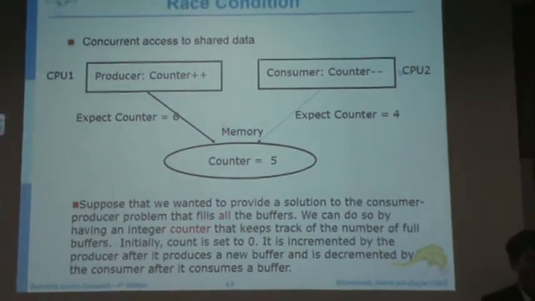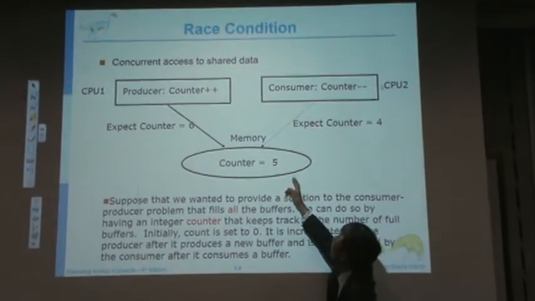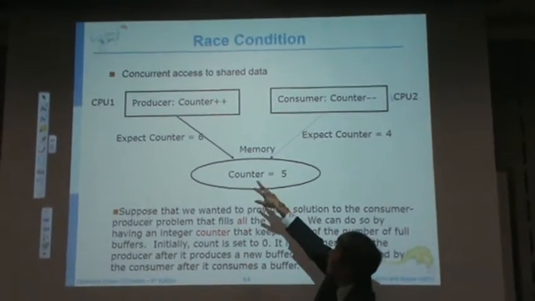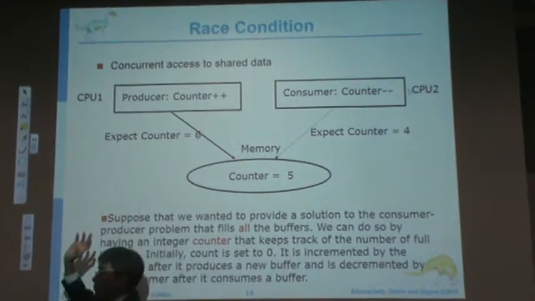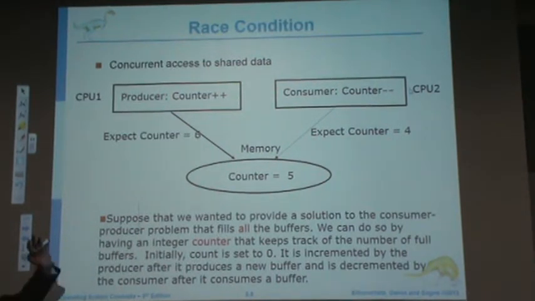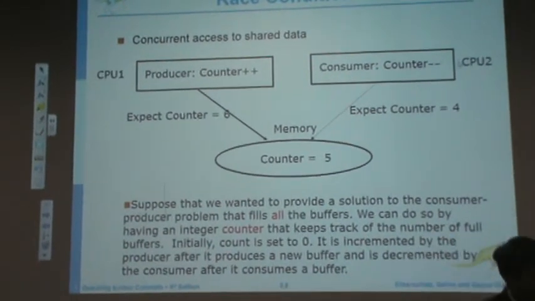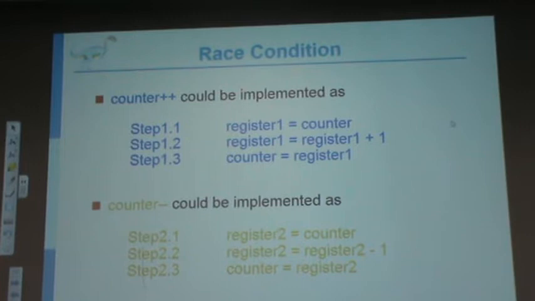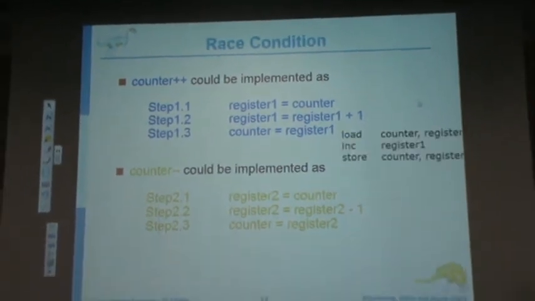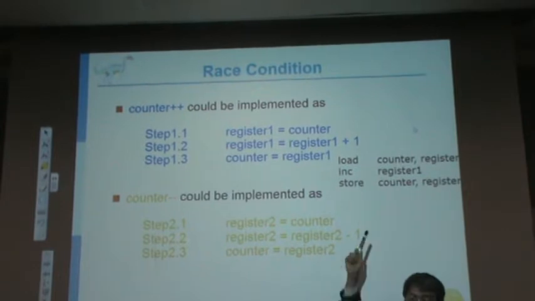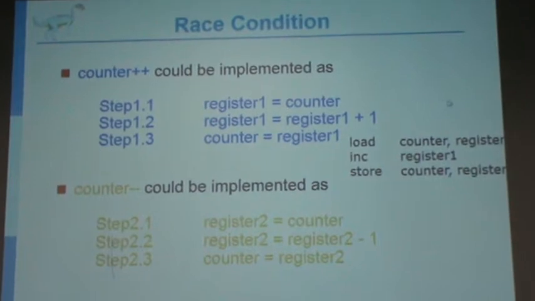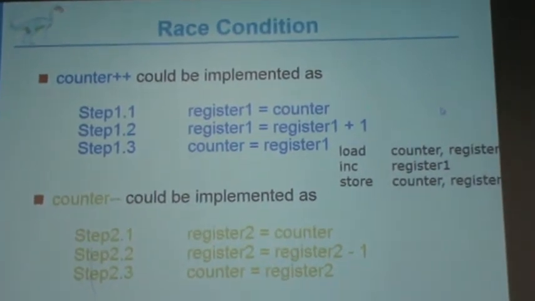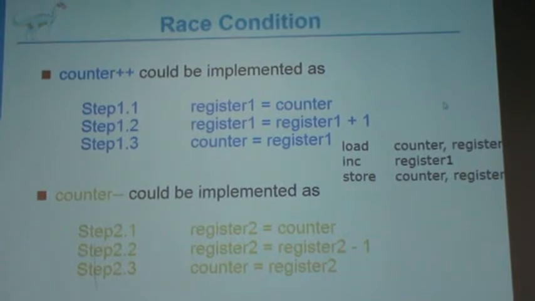For details of such an operation, this is the memory. That is the producer, one process. This is another process. Let's say this process is running on CPU 1 and the consumer is running on CPU 2 or a different core. This is the real assembly code. If you already took an assembly class or microprocessor or similar embedded programming, you can easily understand.